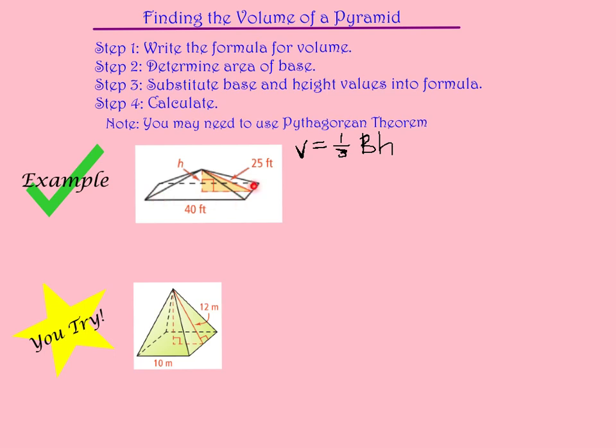We're going to assume that this is a square pyramid since it doesn't give us any other measurement here. So my base is going to be volume is equal to 1/3, and the area of a square is just going to be 40 times 40.